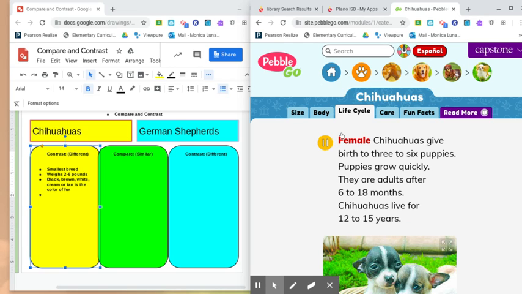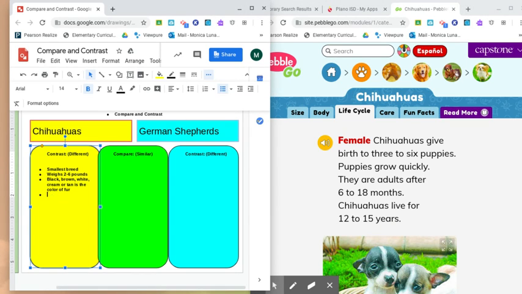Life cycle. Female Chihuahuas give birth to 3 to 6 puppies. Puppies grow quickly. They are adults after 6 to 18 months. Chihuahuas live for 12 to 15 years. Okay. So another fact is females give birth to 3 to 6 puppies at a time.